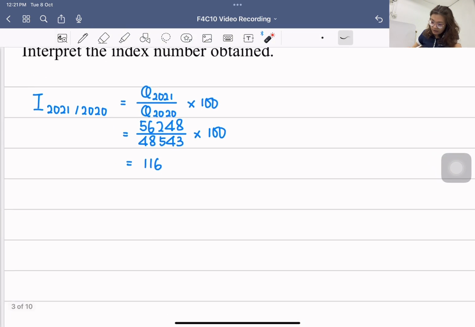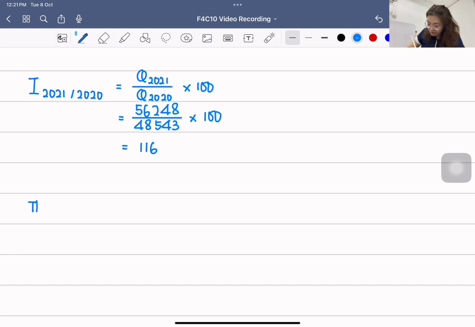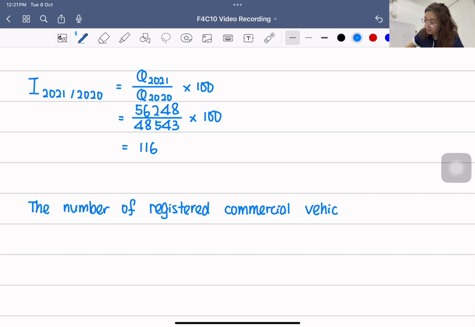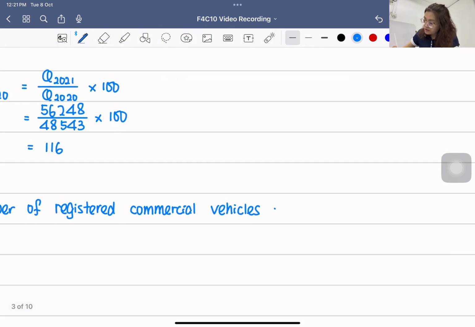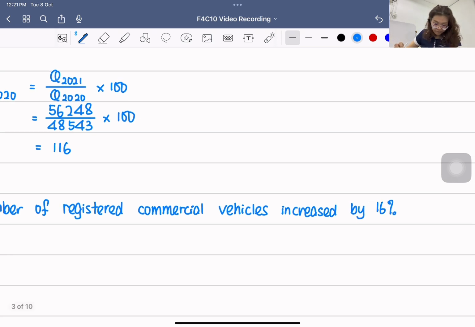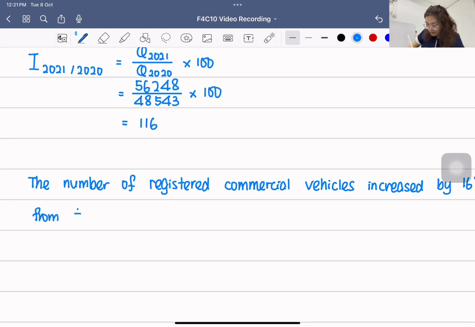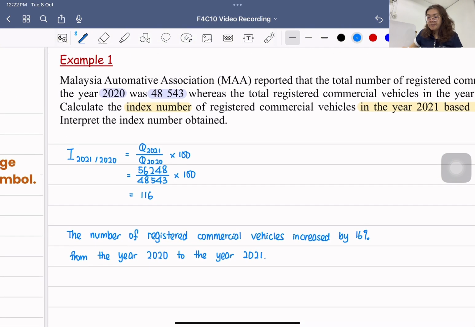So you have to explain that the number of registered commercial vehicles increased by 16% from the year 2020 to the year 2021. This is our first example today.